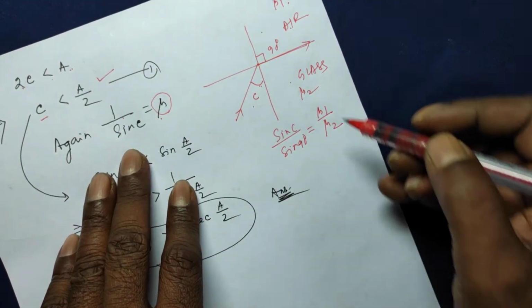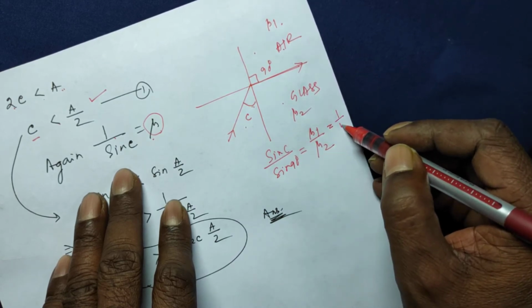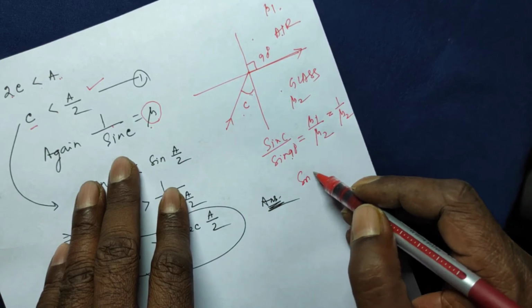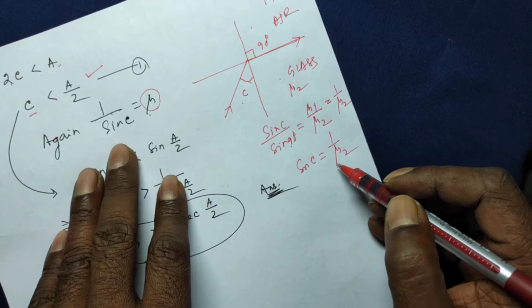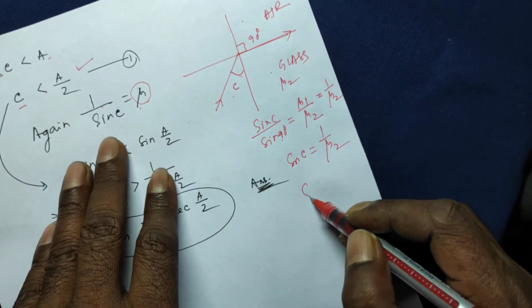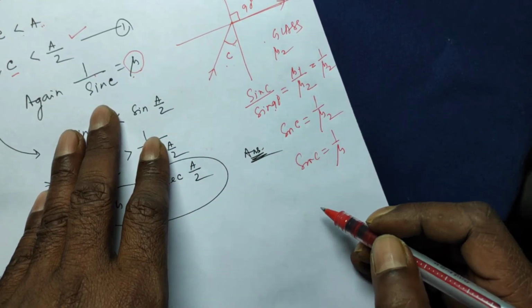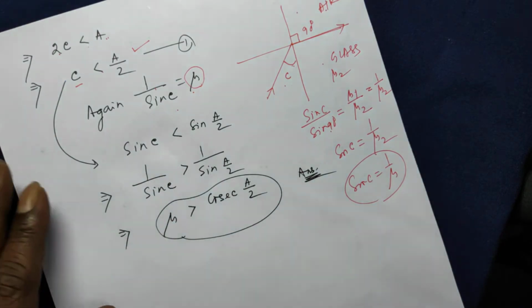Since I have taken this as air, this is equal to 1, this is equal to mu2. Now sine 90 is 1, so sine C is equal to 1 by mu2. I have considered mu2 as mu, so sine C is equal to 1 by mu. So this is what I have written here: 1 by sine C is mu.